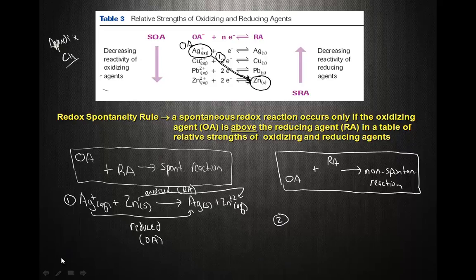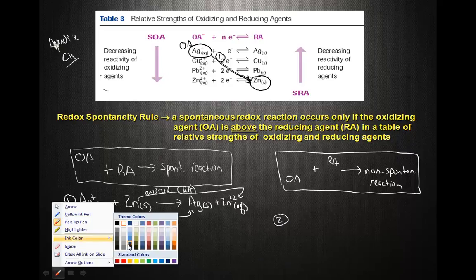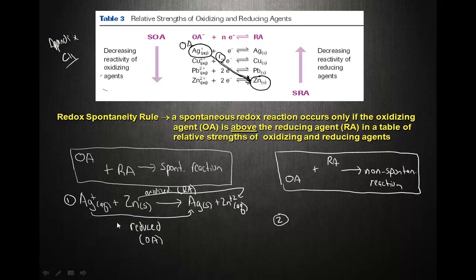Now up on our diagram, the scenario is that I now have Zn2+ going up to silver. So we'll draw our arrows that way. Zinc is going up to silver.